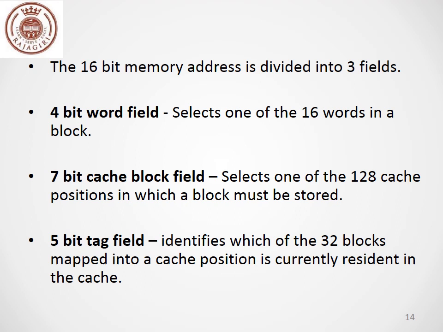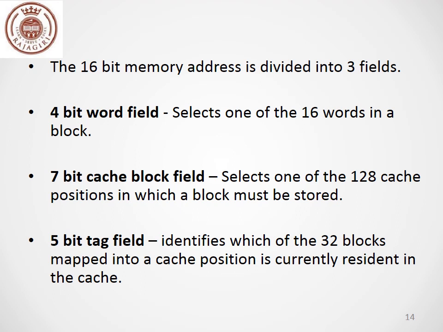That is, if a block is present in my cache memory, then which word in that block I want to access can be specified using the 4 bits. For example, if my 4 bits are 0000, then it means I want to access the first word in my current block. If my 4 bits are 1111, then that means I want to access the last word of my current cache block.